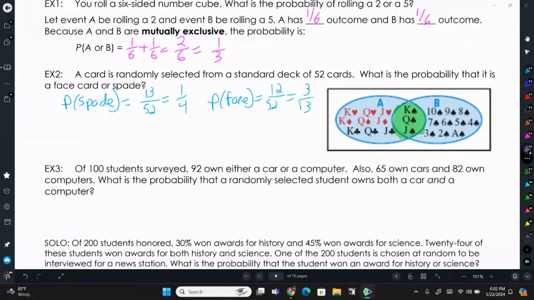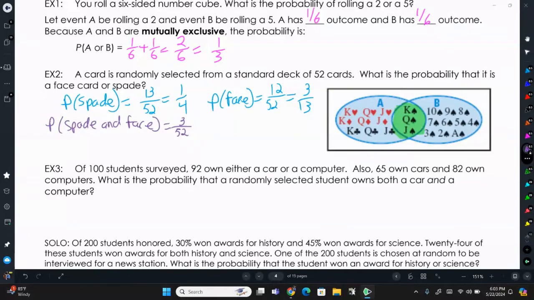Now, how many do we have in the overlap? We have 3 out of 52. So the probability of a spade and a face card was 3 out of 52, which again can't be reduced.